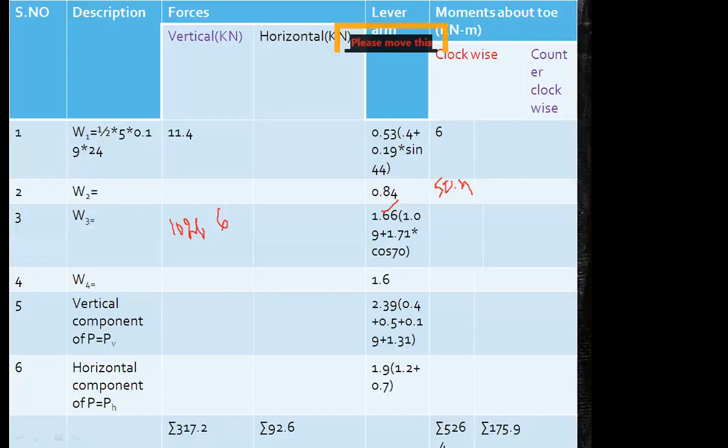So that you will get the lever arm. Have you got how we get 1.66 here? Have you understood? Shall I tell it once again, or are you clear with this?